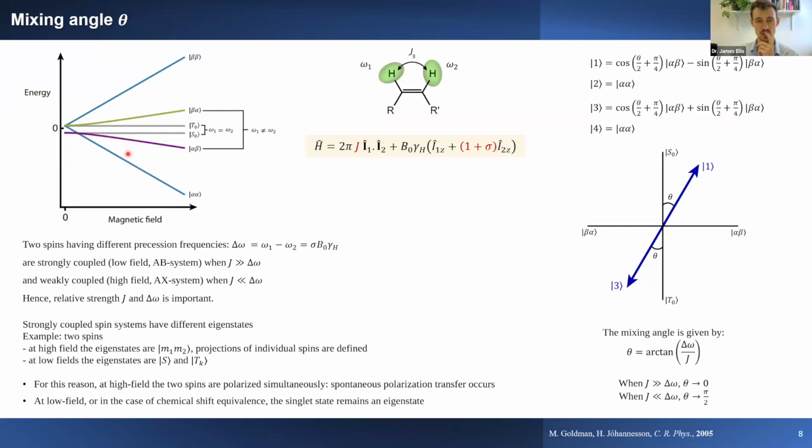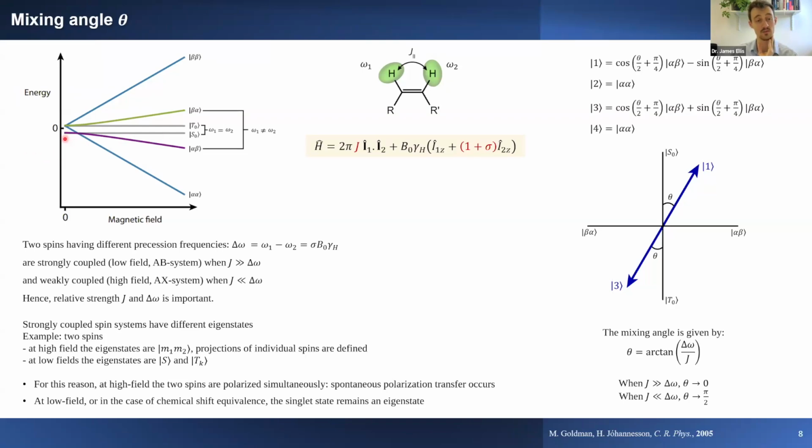So you can imagine, and this is going to become very relevant later on in the talk, if we can neglect this case. So we're in this case here where there is a chemical shift difference between the two protons, and as we increase magnetic field, that means that these states will diverge. So if we're at zero magnetic field, there is of course no chemical shift difference between them, and we're in our near equivalence regime.